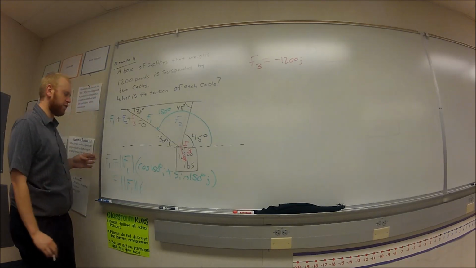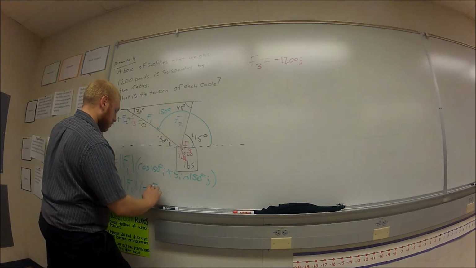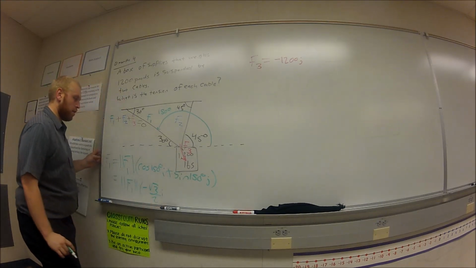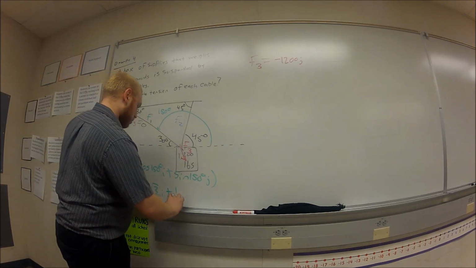The cosine of 150 degrees is negative root 3 over 2 I, and the sine of 150 degrees is 1/2 J.